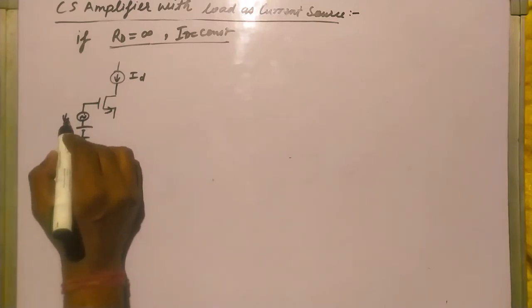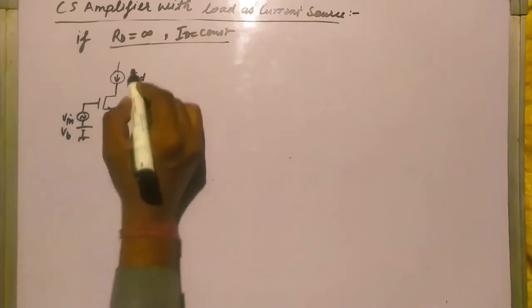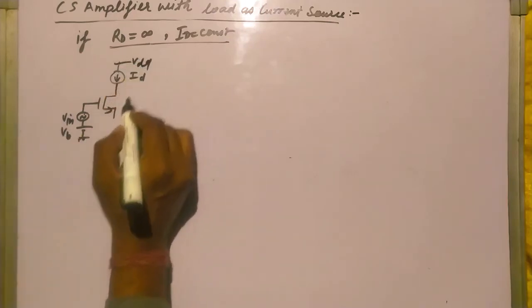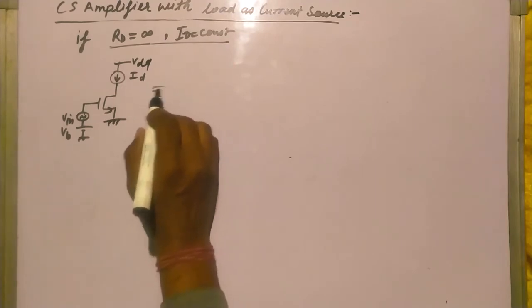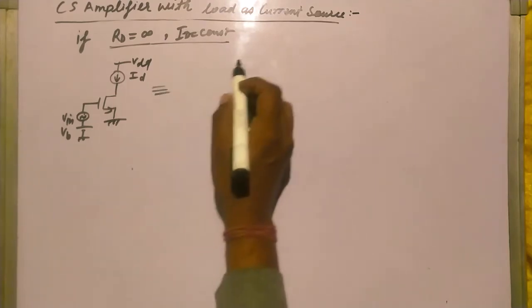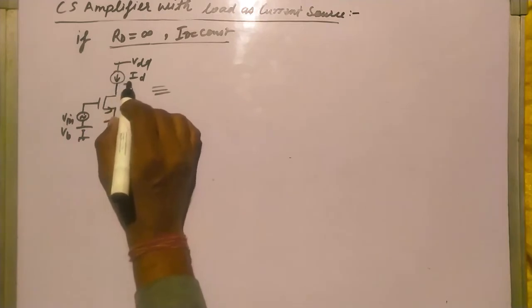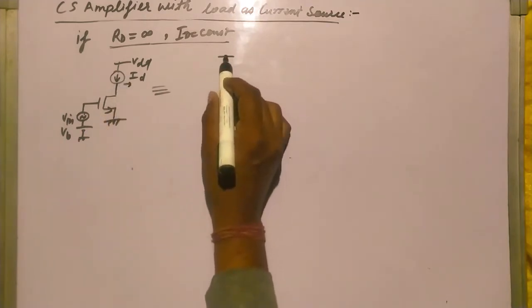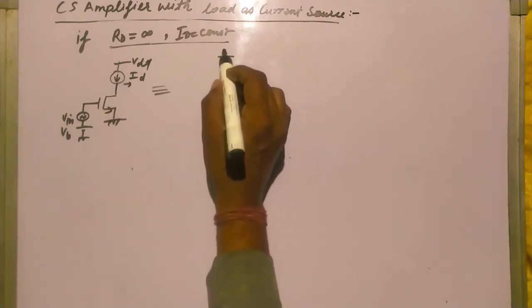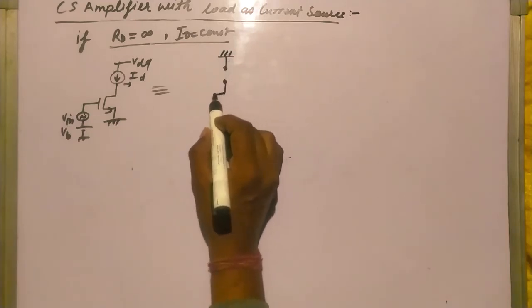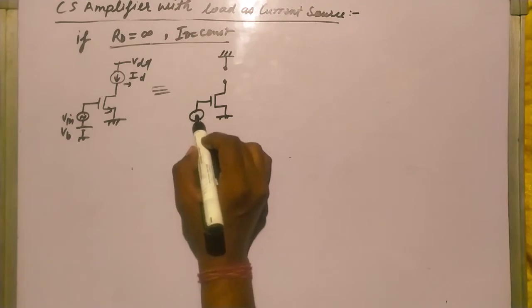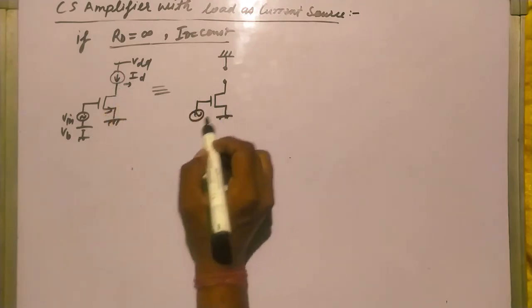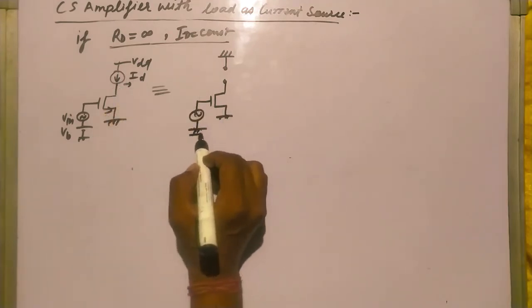This is V in, VB and VDD and this. When I do the small signal analysis, then this will become open circuit. So it will look like this, and I am doing the small signal analysis only for this.